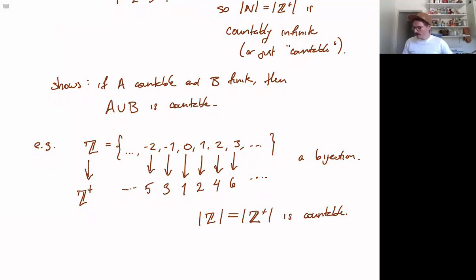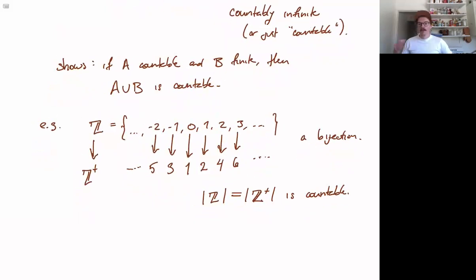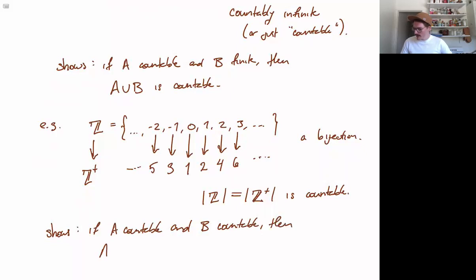And can we conclude any general rules from this? What this is kind of suggesting, or what you could maybe prove inspired by this example, in fact, is that even if you have two sets that are countably infinite, their union is still countably infinite.